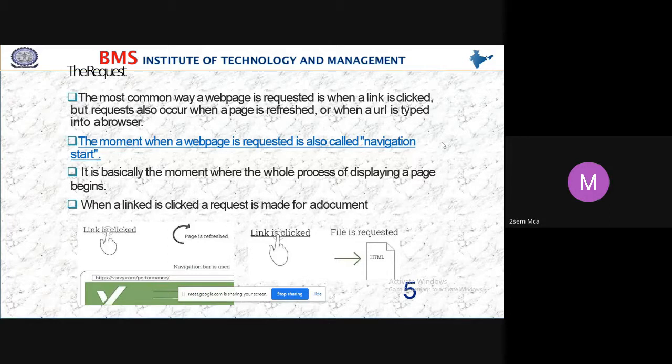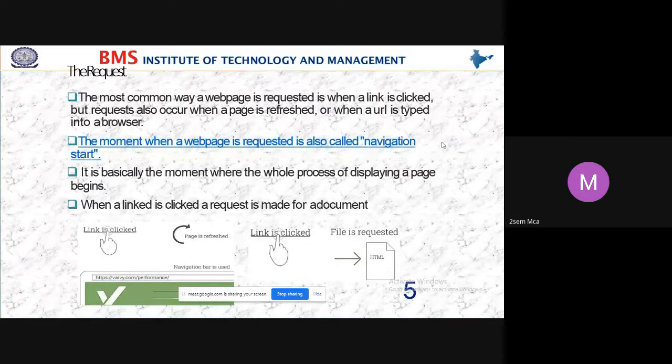And a request also happens when a URL is typed into a browser. When you type something in the URL, that is also a request. Just now I wrote, what is W3C? I was typing in the URL. First I typed Google in the URL. Correct, students?